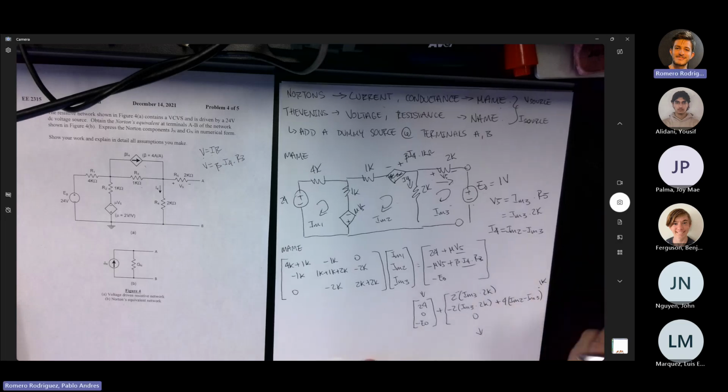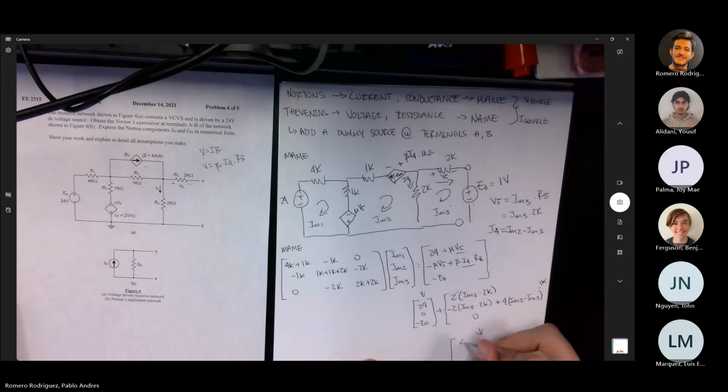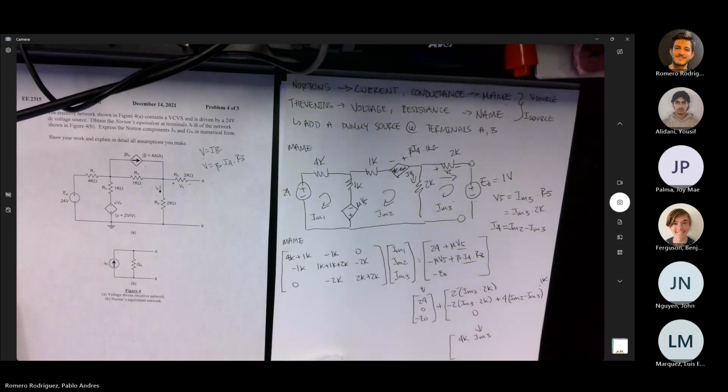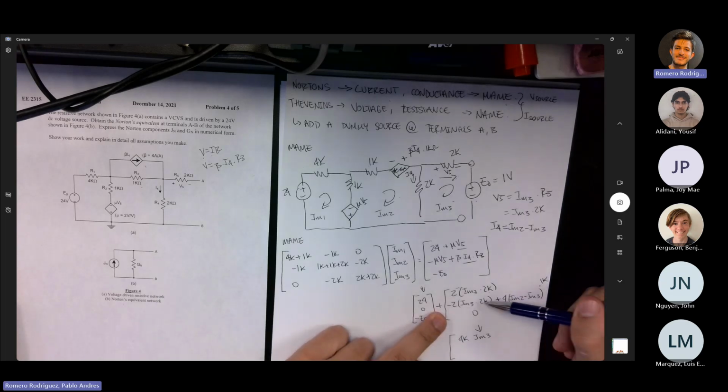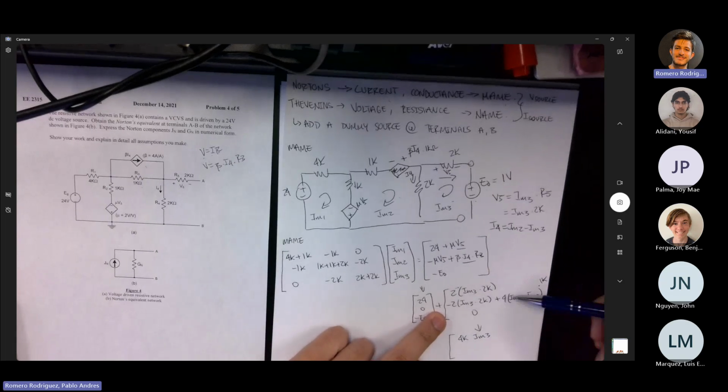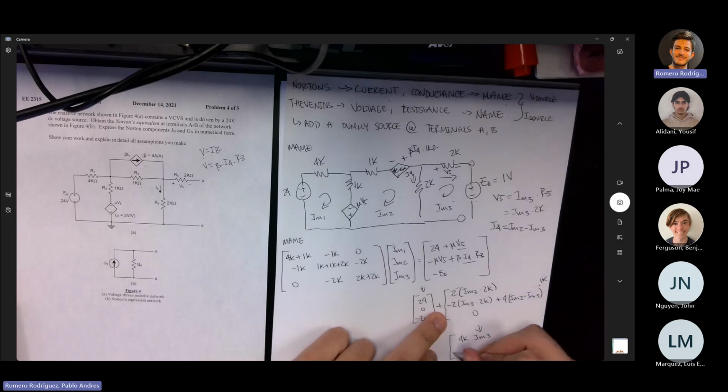My matrix here, 2 times 2K is 4K IM3. Here, what's going to happen? I'm going to have negative 4K IM3, negative 4K IM3. So I'm going to have 8K, and positive 4K IM2.